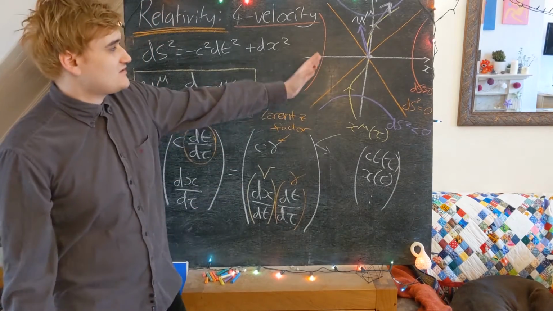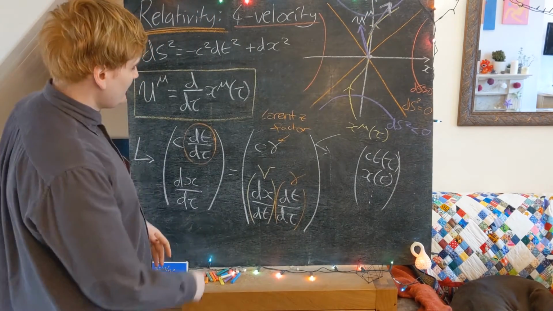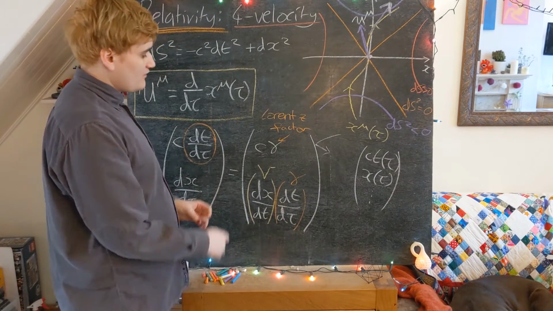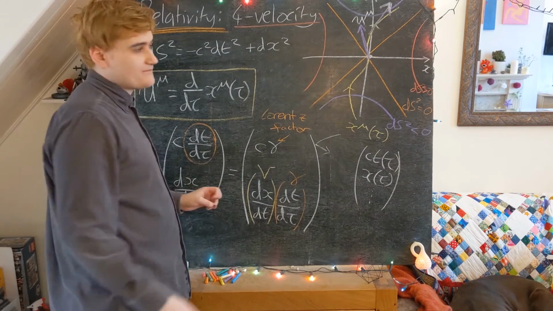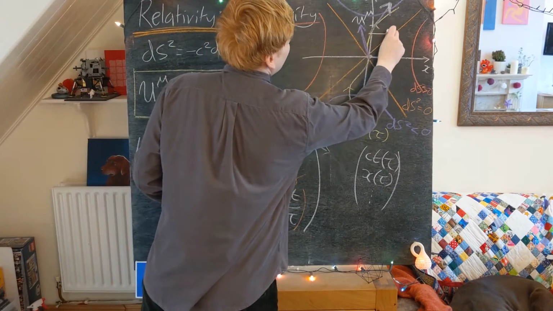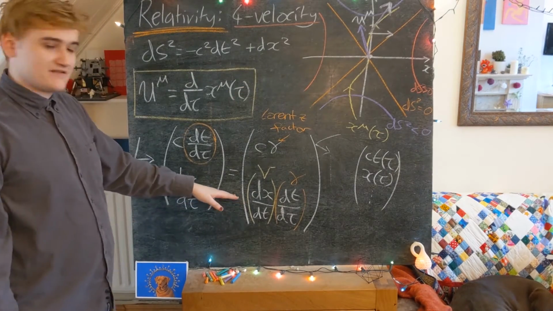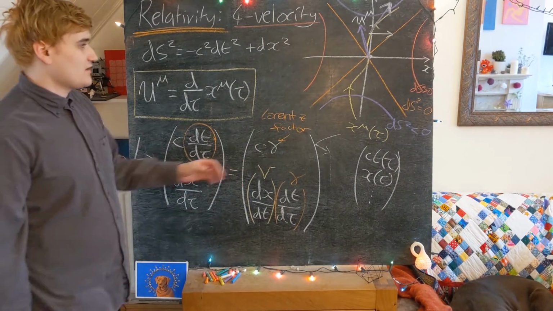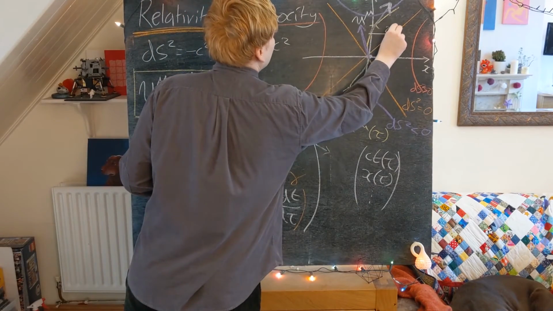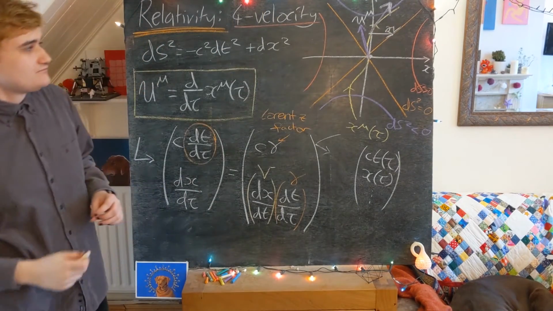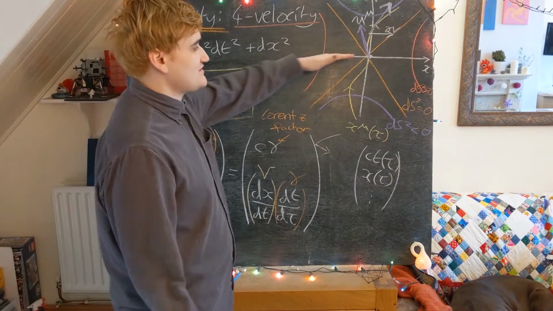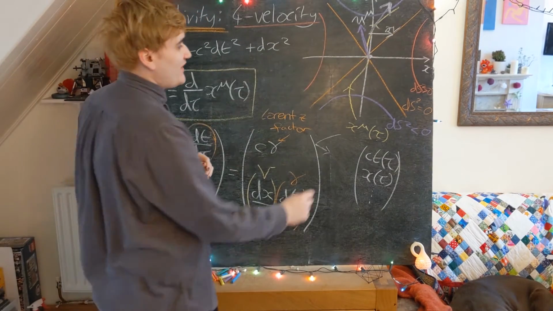If we quickly look back at this figure, I was drawing my four-velocity vectors as the tangents to our world lines. We can now see what these two different components are. Pointing along the x direction is the space component, which is proportional to the coordinate velocity. This is intuitively clear since this is just a one-dimensional space.